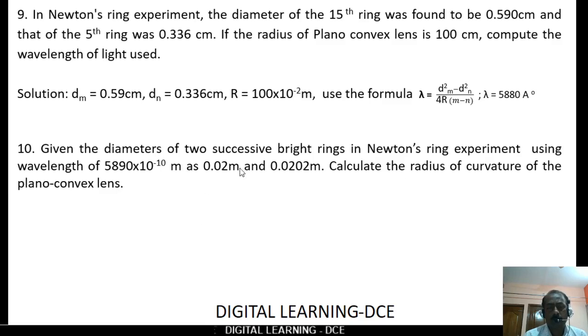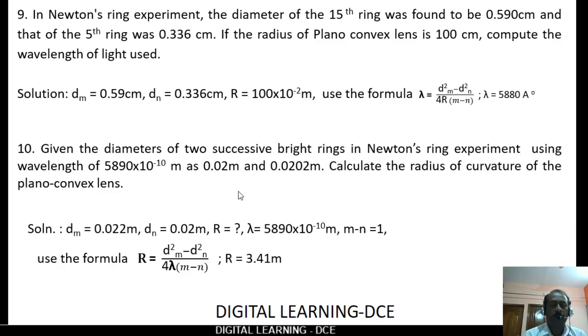This is also based on the Newton rings experiment. Use the formula R, the radius of curvature, equals d square m minus d square n by 4 lambda into m minus n. Here dm is 0.0202 meter, the diameter of the mth ring, and 0.02 is the diameter of the nth ring.